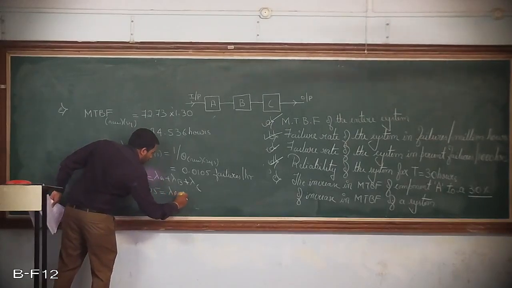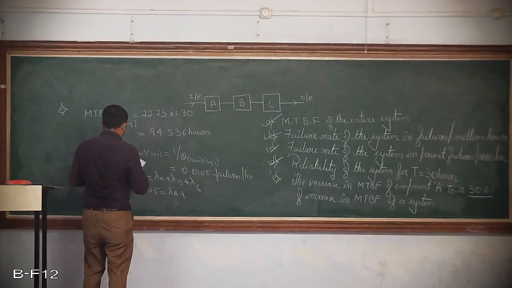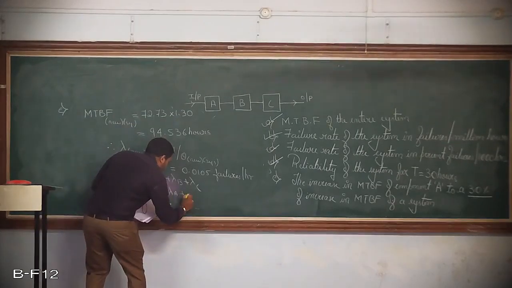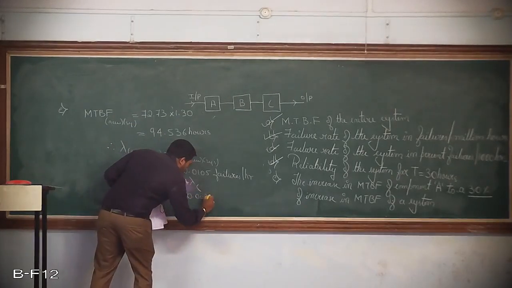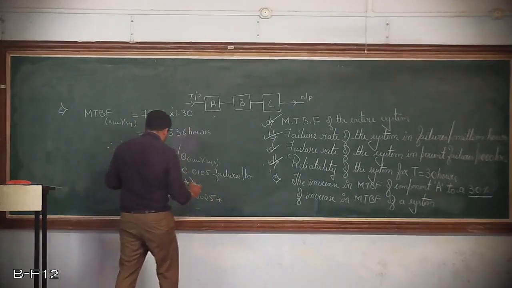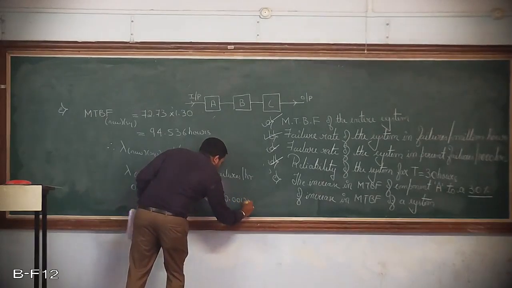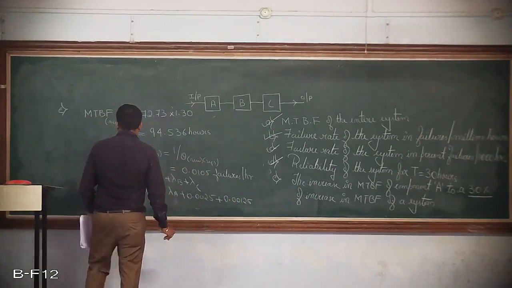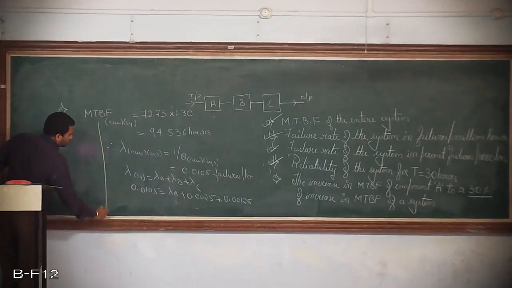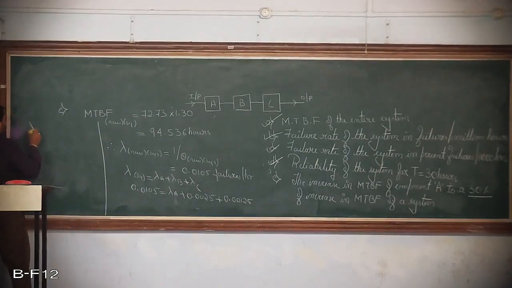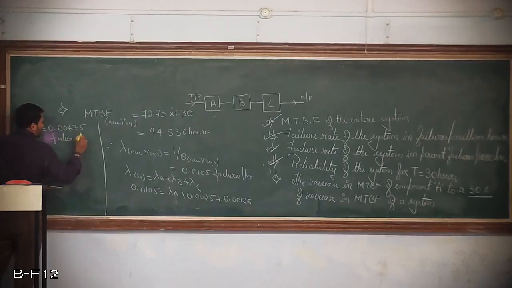Failure rate of A we need to find out. Failure rate of B we know is 0.0025, and failure rate of C we know is 0.00125. Hence, the value of lambda A comes as 0.00675 failures per hour.